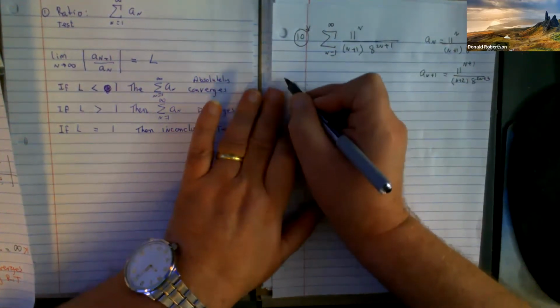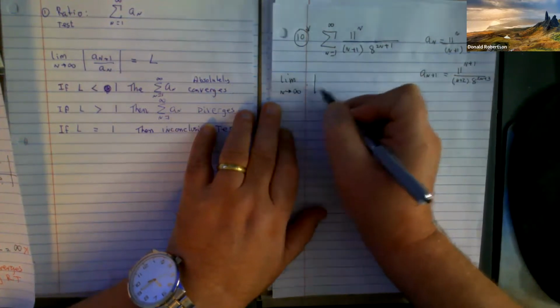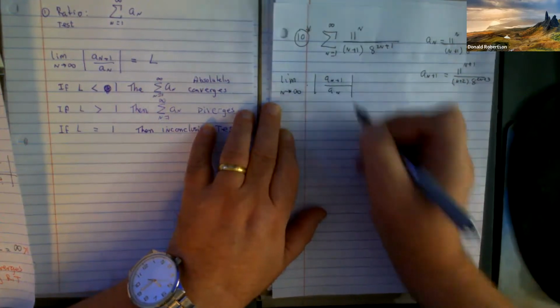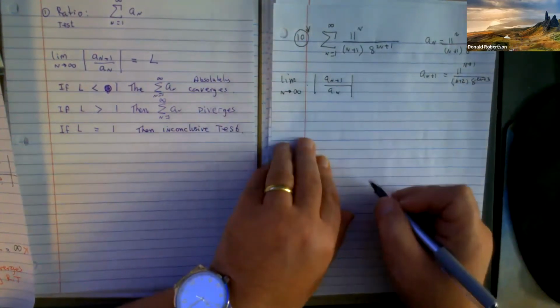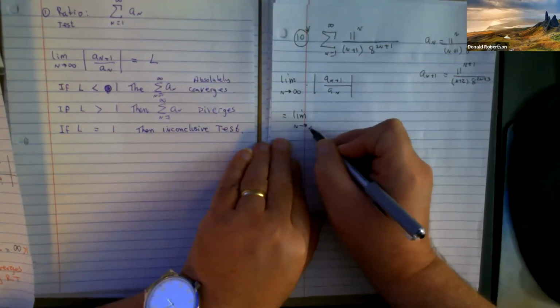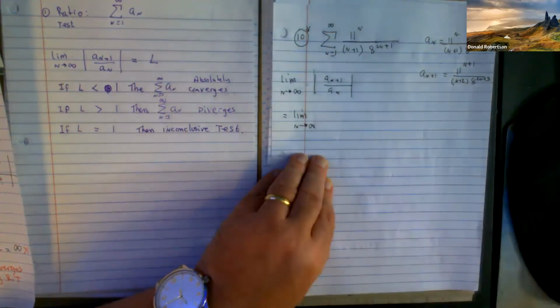So the ratio test is the limit as n tends to infinity of an plus 1 over an. It's going to be equal to, well, everybody's positive, so I won't worry about the absolute values.